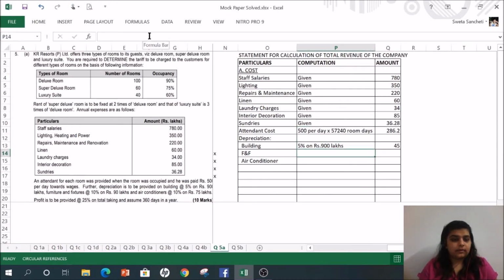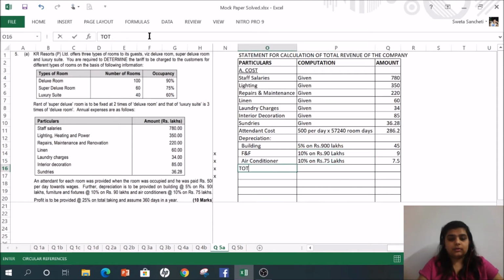Next is FNF is 10% of 90 lakhs, that is 90 into 10%. I have written there wrong. I'm going to correct it. Yes, here, and 10% on 75. So that is equal to 7.5. All the cost done.